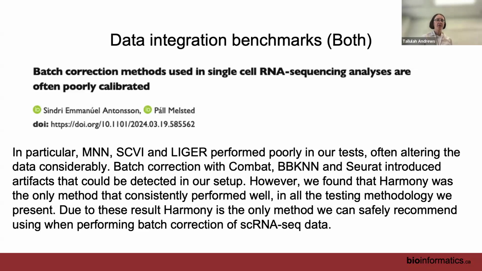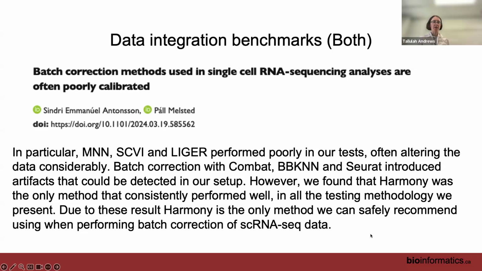Here's another one that did both Python and R. They recommend the mutual nearest neighbors methods, the scVI method, so that's a Python method, and Liger. So they said, actually, no, those performed poorly. The ones that performed well were Harmony. Yeah, so they just recommend Harmony.